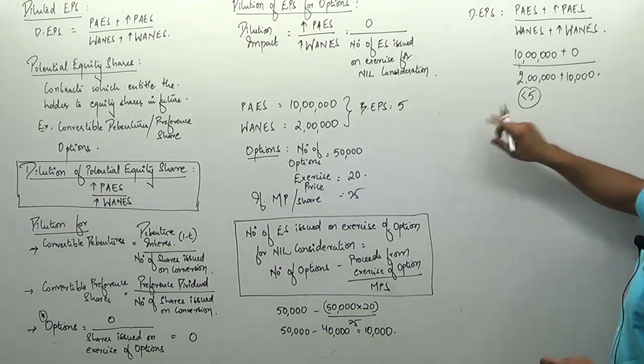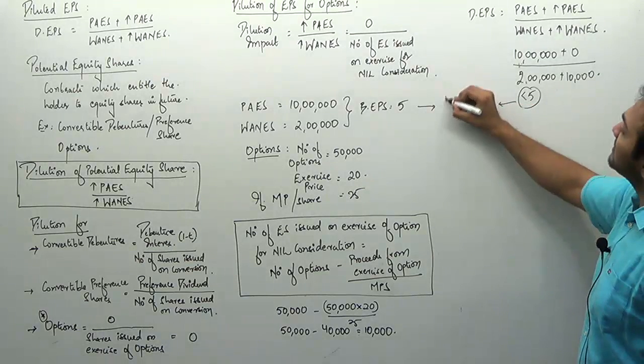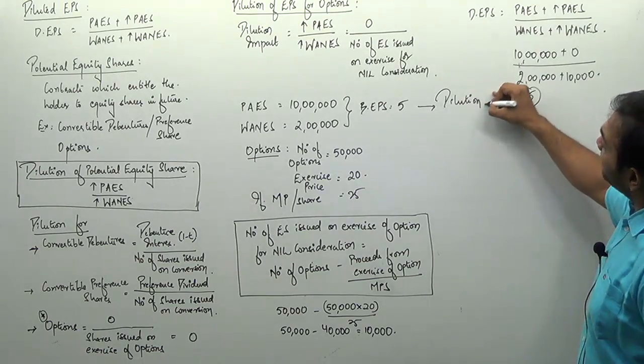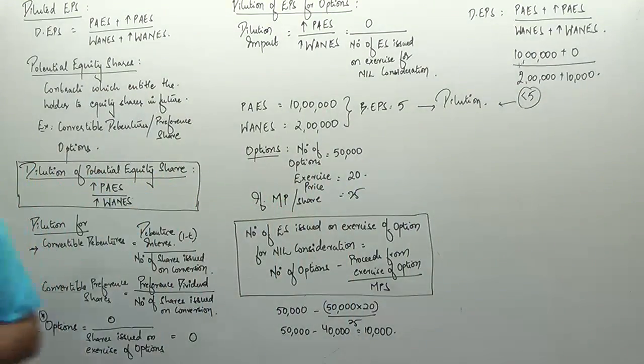That is what we are saying. There's a dilution between your basic EPS and the diluted EPS. Dilution is nothing but reduction. So your basic EPS is always reduced in case of potential equity shares, and such reduced EPS is called diluted EPS.